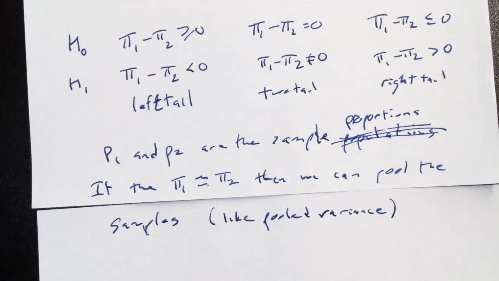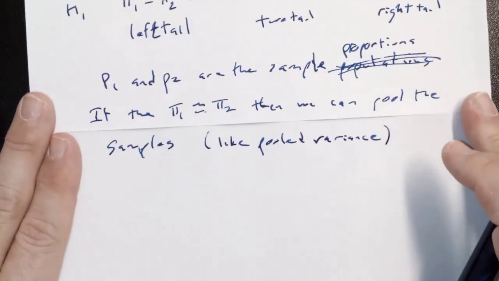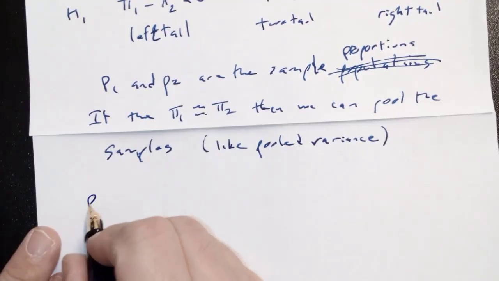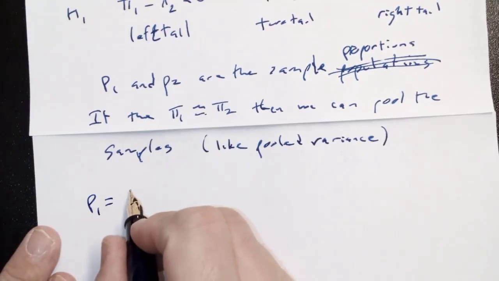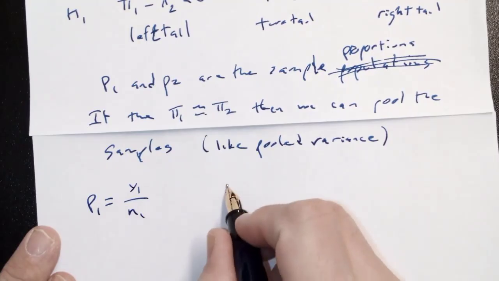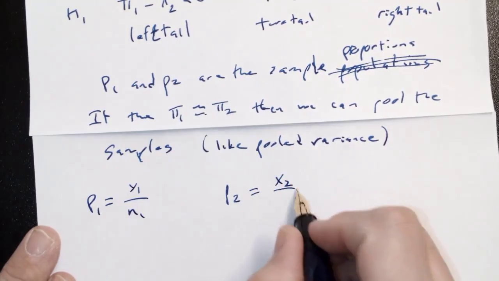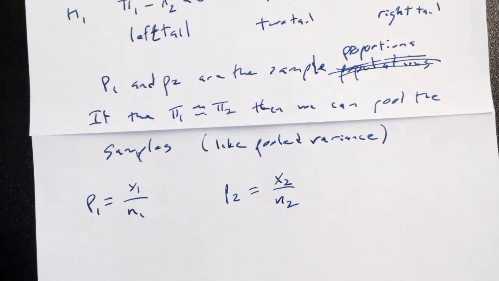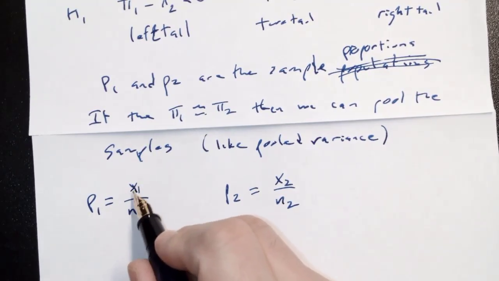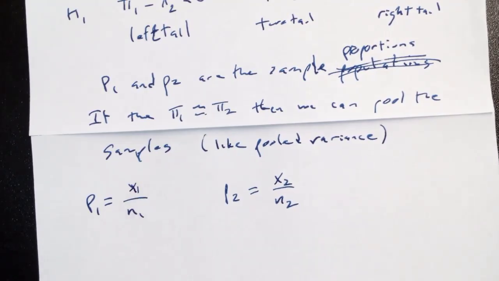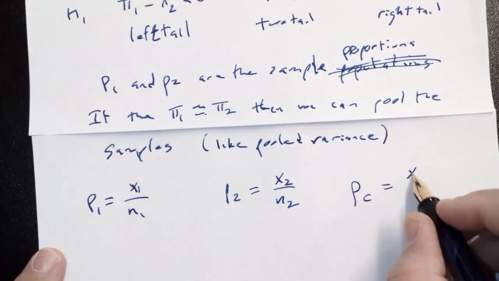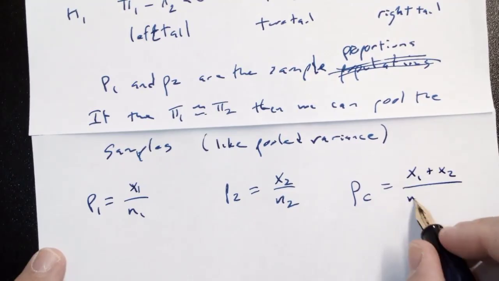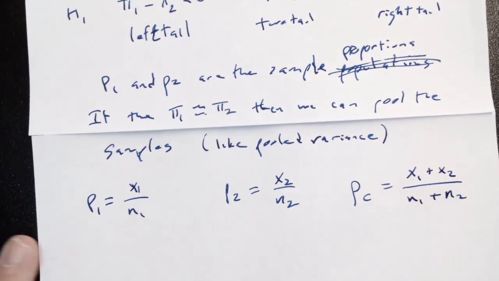Now, here's an interesting result, though. Remember, the way we calculate our proportion is you take the number of people who did what you want divided by the total number of people. Our pooled version comes from combining the numerators and the denominators separately.